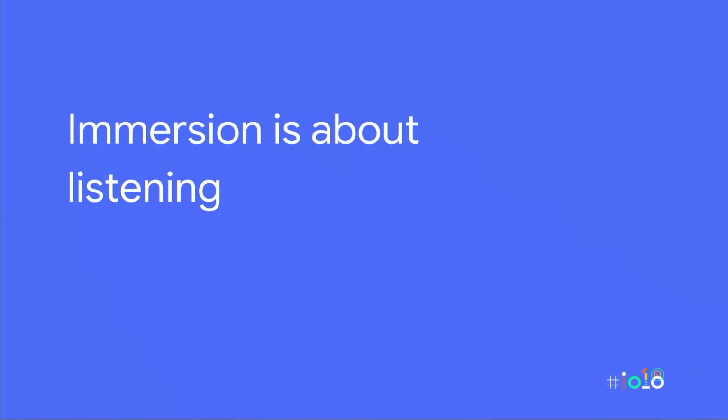Step 2, immersion is about listening. So you're going to hear a lot of new sounds, process a lot of new sights. You're going to talk to a lot of users that you haven't interacted with before. And these users are going to tell you about their lives, about their problems that you haven't faced before. So it's really important to listen attentively. And this is actually pretty hard to do.